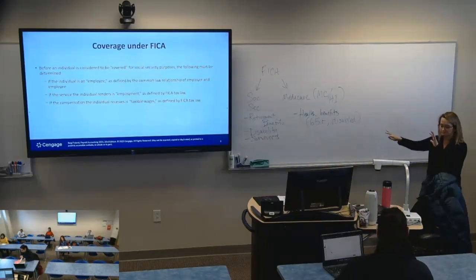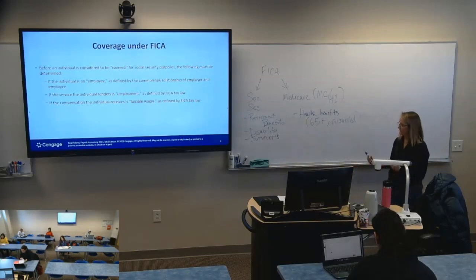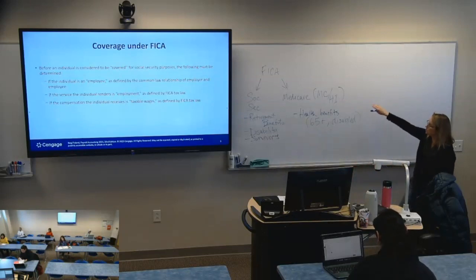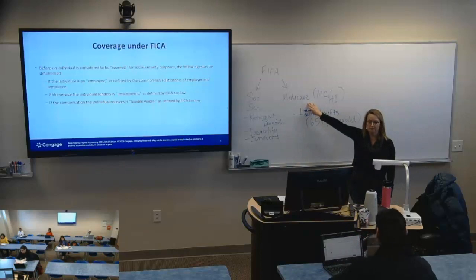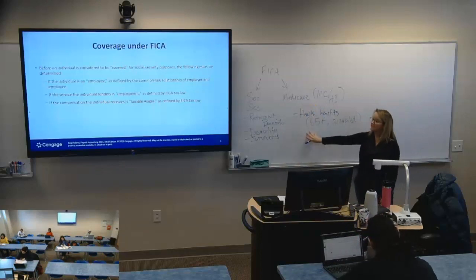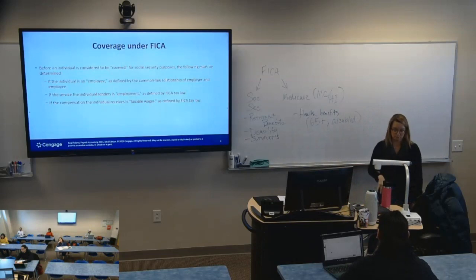You have to go through a whole rigmarole with Social Security in order to get those benefits. But this tax that's collected through employment, through our wages, goes to pay for these benefits, only for individuals who are 65 and older or those who are disabled.